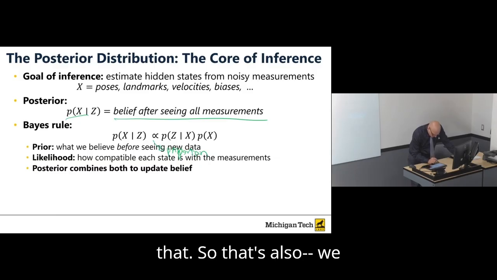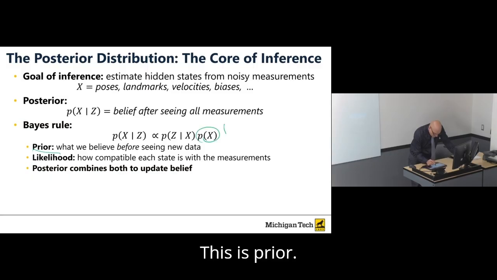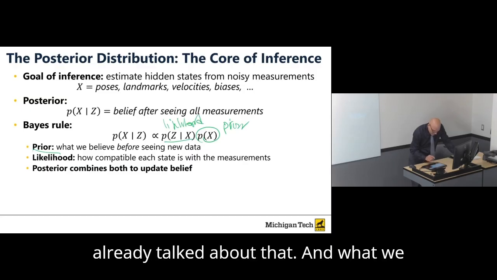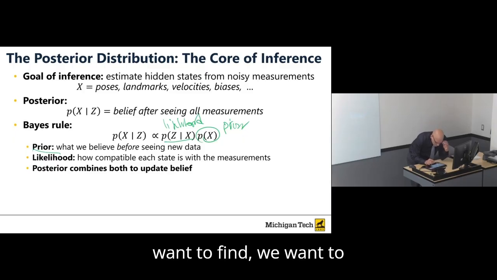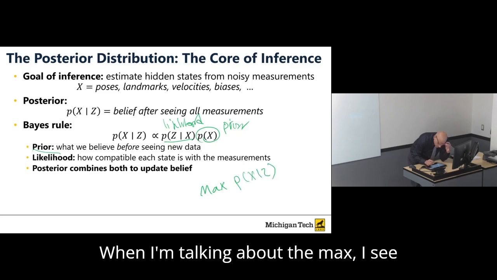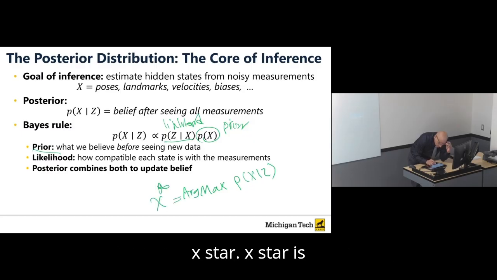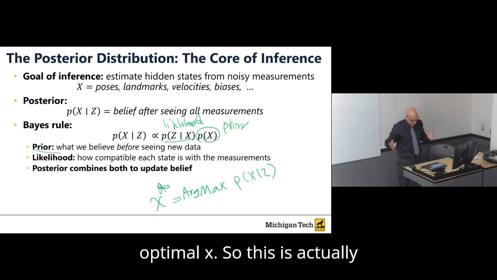We already talked about this. This is the prior, and this is the likelihood. What we want to find is to maximize P of x given z. When I talk about the max, it is actually argmax, because we want to find x star. x star is the optimal x.